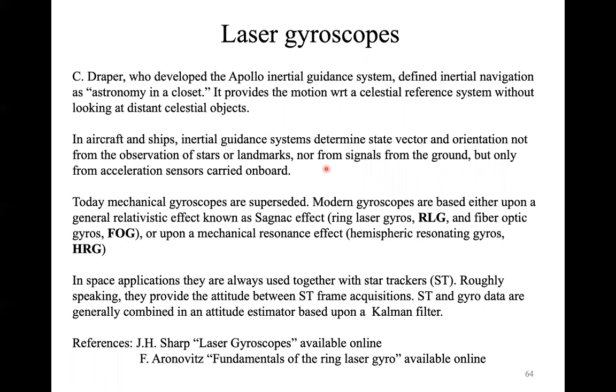Probably you are more familiar with mechanical gyroscopes, which are based on the fact that you have a moving part, for example a rotor with a high frequency rotation that gives you stability, so a large angular momentum.